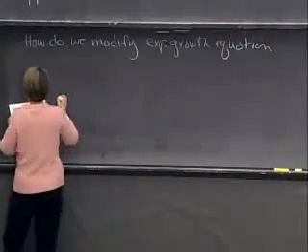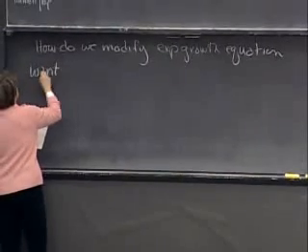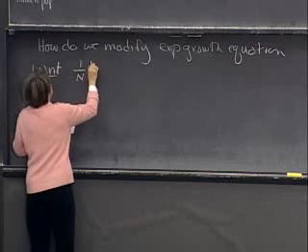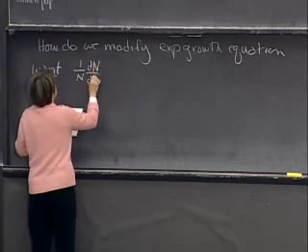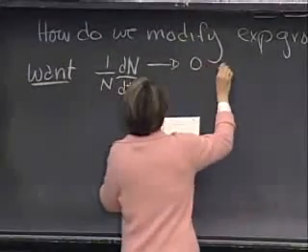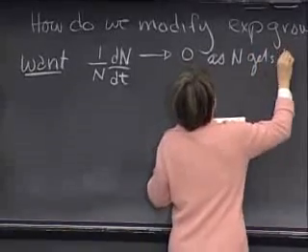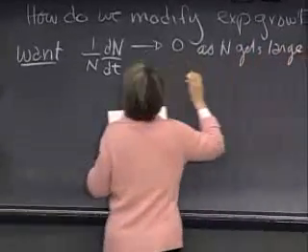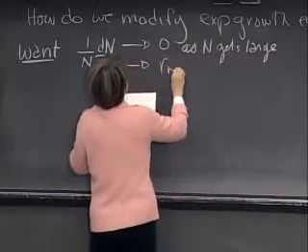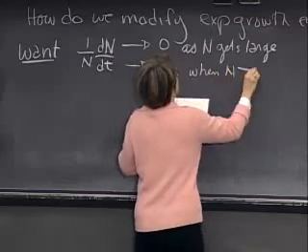So here's what we want the characteristics of this equation to be. We want 1 over n dn dt to go to 0 as n gets large, and we want it to go to R max, the maximum growth rate, when n approaches 0.